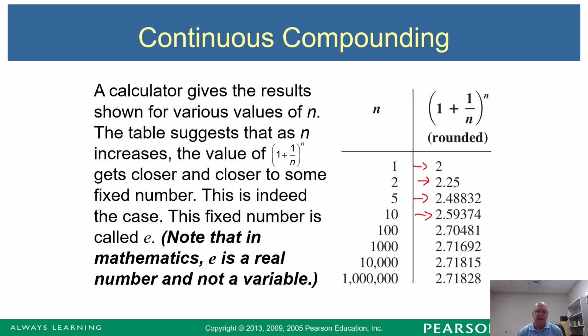But even compounding 1,000,000 times comes up against the limit. Almost $2.71 or 72 cents from the original $1 that we invested.